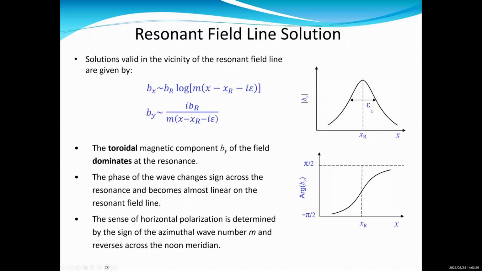If epsilon is small, this field goes to very large amplitude, and it becomes more and more localized in x. If you look at the phase, this component has real and imaginary parts. The phase, as you move from one side of the resonance to the other side, the phase changes by 180 degrees.